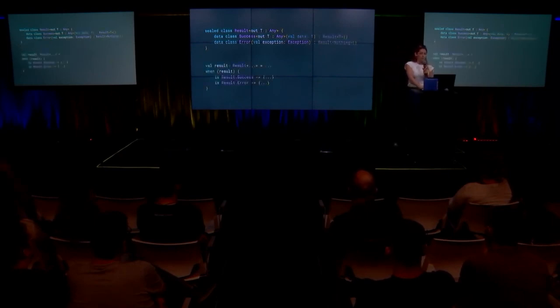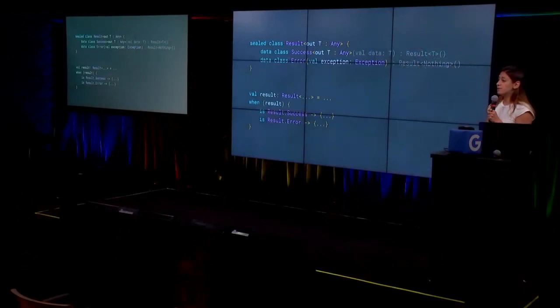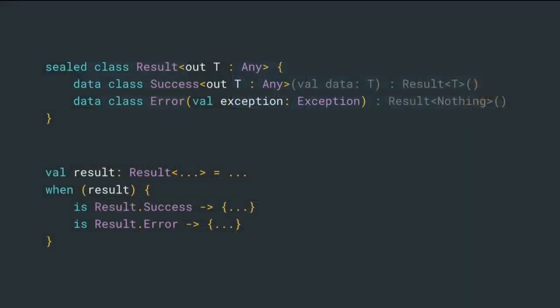So let's say that we have a result class, and we have a success and an error. We know that these are the only available types for result. It can't be anything else. So whenever we're using it, we want to make sure that we're also covering all of those cases. So right now, we would probably use a when and check if result is success to something, if result is error to something else.